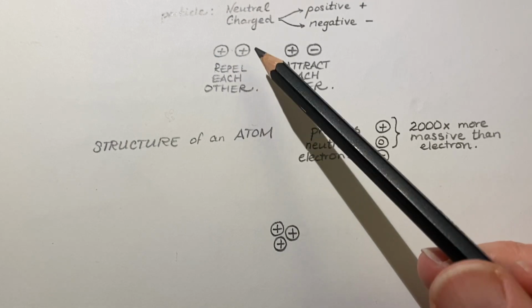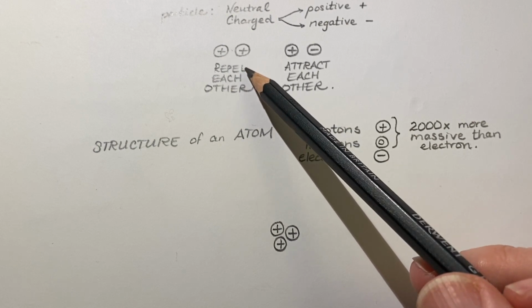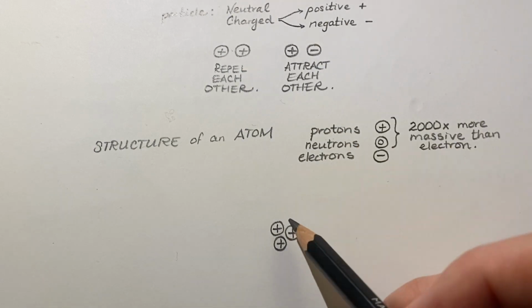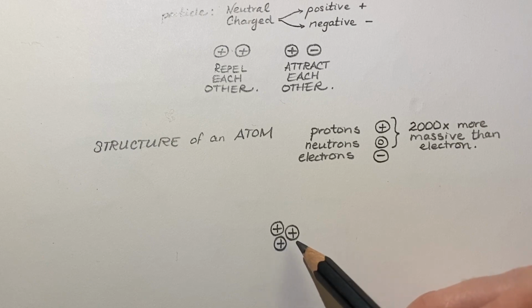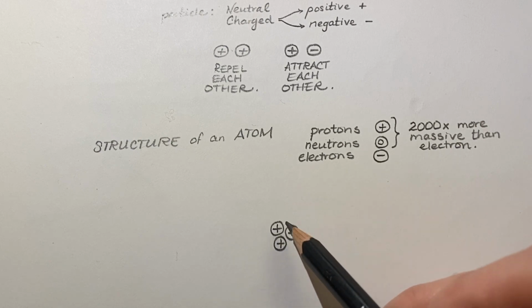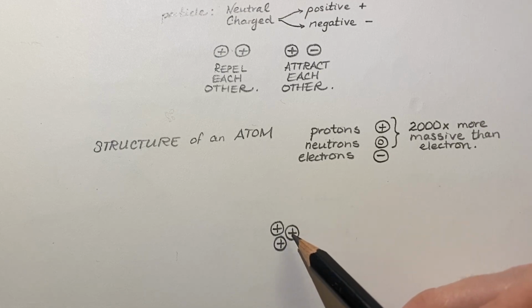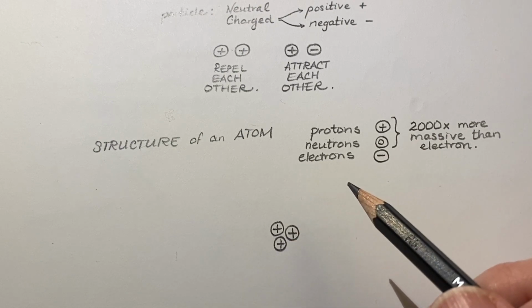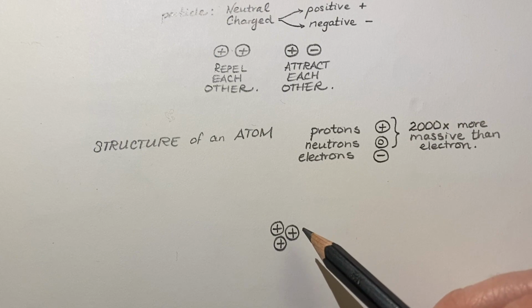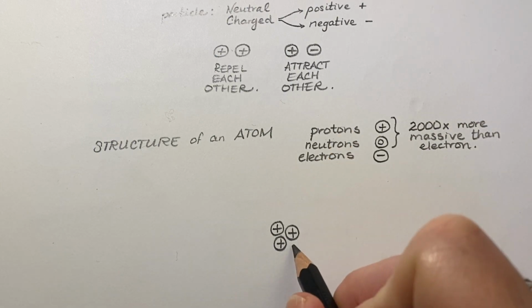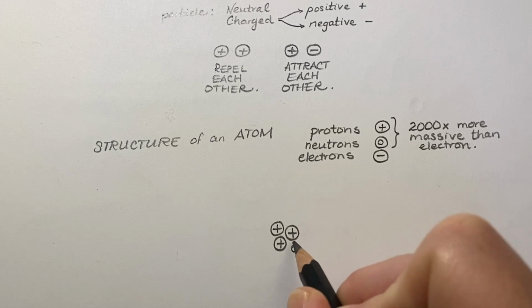Okay? Now, that is true. There are repulsive forces between them, but there's also a really amazing, strong force that does keep them together in a nucleus. So the nucleus of atoms is a very special place. And we also have neutrons that can be there as well.